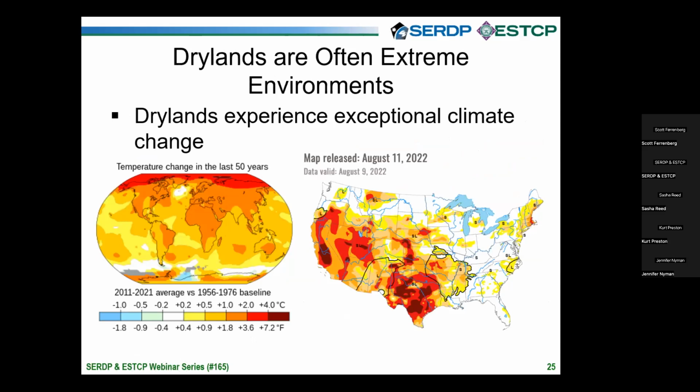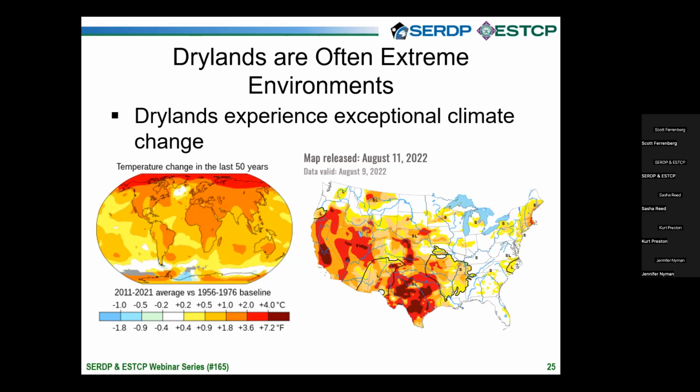These are also already places that can experience extreme conditions like high temperatures and very dry scenarios, and they're getting hotter and drier. We know that climate has been changing, and that warming in the Western United States, where we have many of our drylands, has been exceptionally large. We're also in the midst of a mega drought in the southwestern United States.